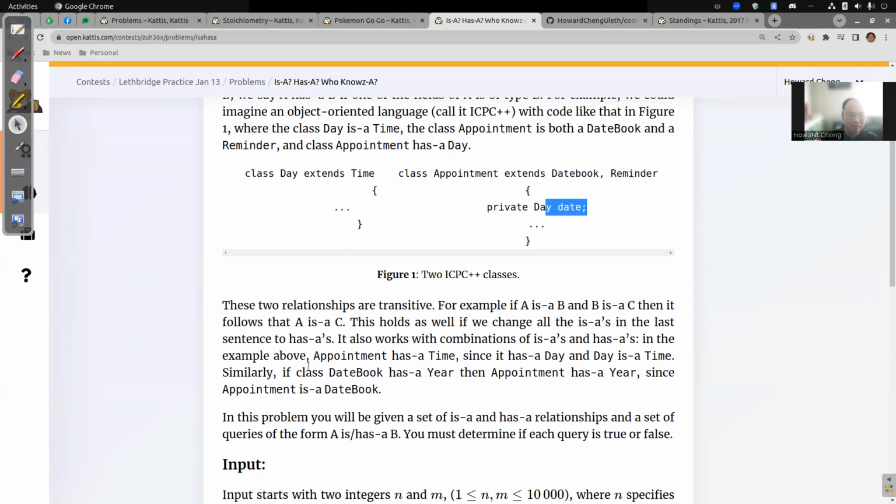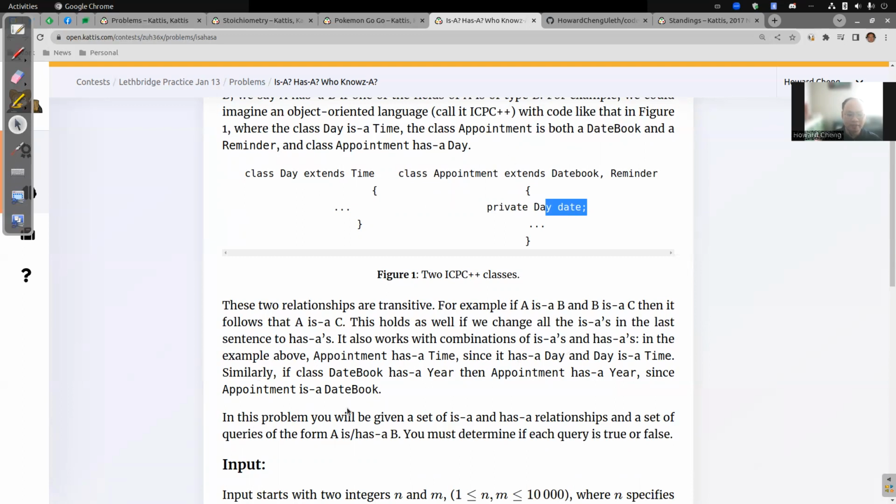In the example above, appointment has a day, but because day is a time, appointment also has a time. Similarly, if class date book has a year, then appointment has a year because appointment is a date book and date book has a year.